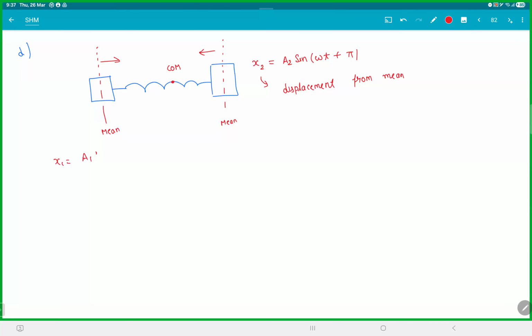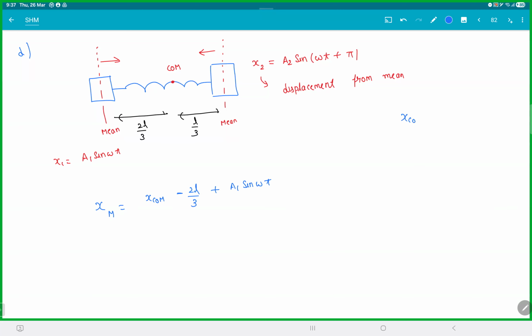X1 will be A1 sine omega t. I know omega, I know A1, I know A2. And this distance is L by 3. And this distance is 2L by 3. So the x coordinate of block M will be the x coordinate of center of mass minus 2L by 3, because you are behind, plus A1 sine omega t.